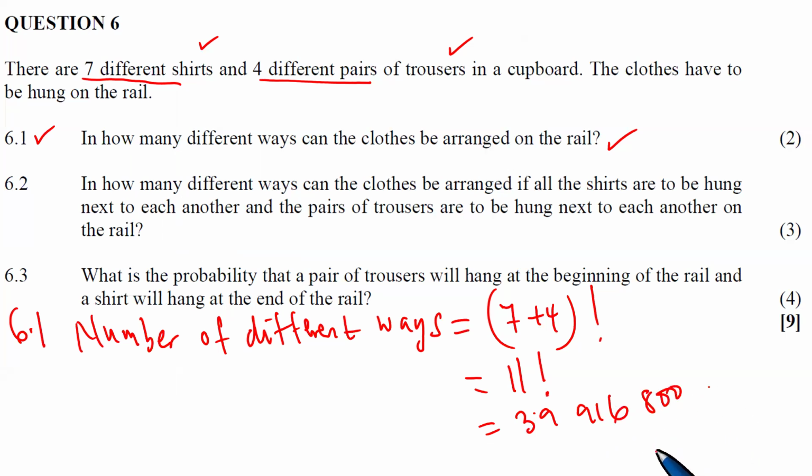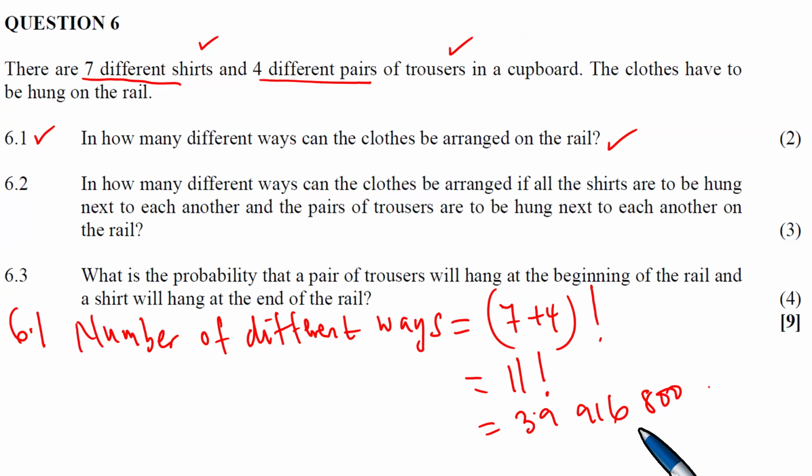Can I ask, when do I factorial the two numbers separately and then add them? That's a good question. Under what conditions would you factorial them separately?